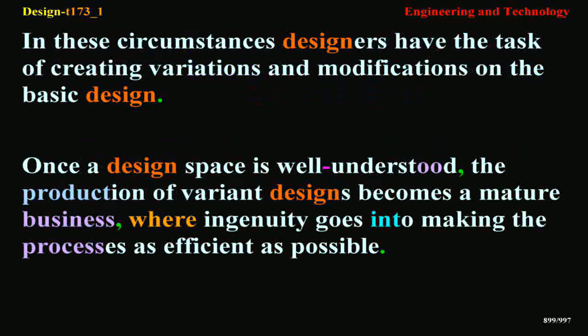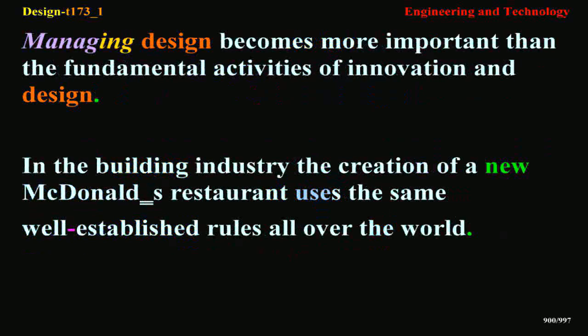Once a design space is well understood, the production of variant designs becomes a mature business, where ingenuity goes into making the processes as efficient as possible. Managing design becomes more important than the fundamental activities of innovation and design. In the building industry, the creation of a new McDonald's restaurant uses the same well-established rules all over the world.